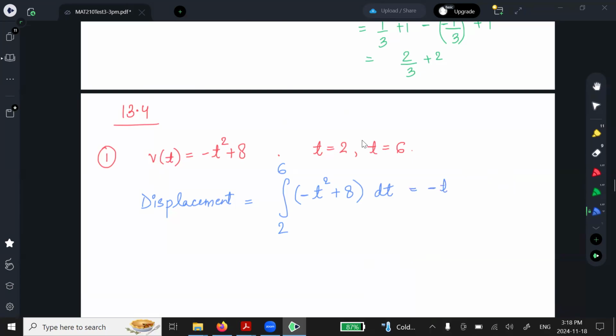So I got -t³ plus 8 times t, right? And I do the definite integral part. So make 2 big brackets. For this, I recommend that you plug it all in your calculator. Good, everybody?